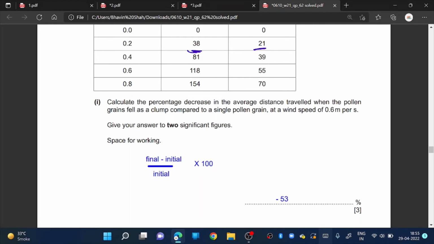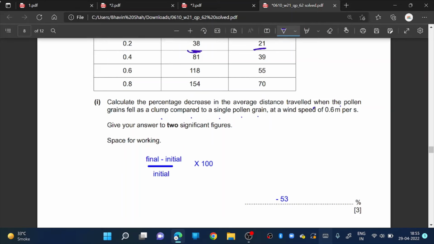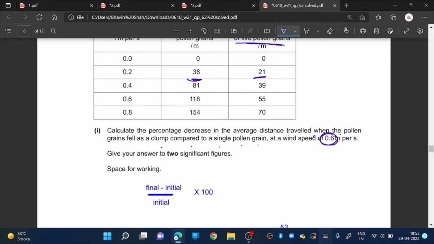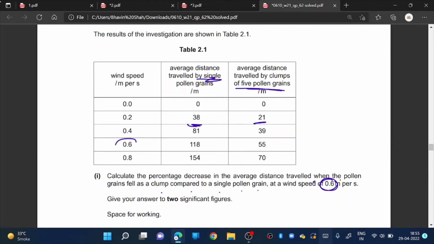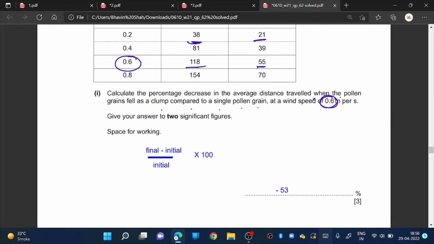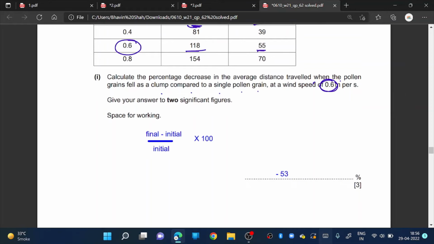Now, calculate the percentage decrease in the average distance traveled when the pollen grain fell as a clump compared to a single pollen grain at a wind speed of 0.6 meters per second. So here we are seeing 0.6 meters per second. The reading for the single grain was 118 and the reading for 5 pollen grains was 55. Now, we use the formula final minus initial upon initial.